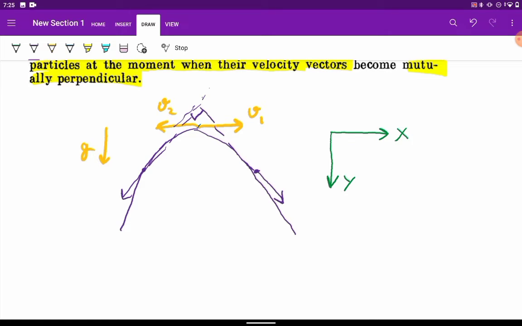So we need to find out the time first and then the distance, let's call it d, at that instant.